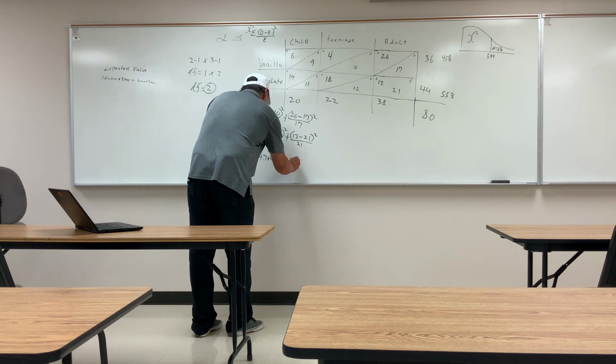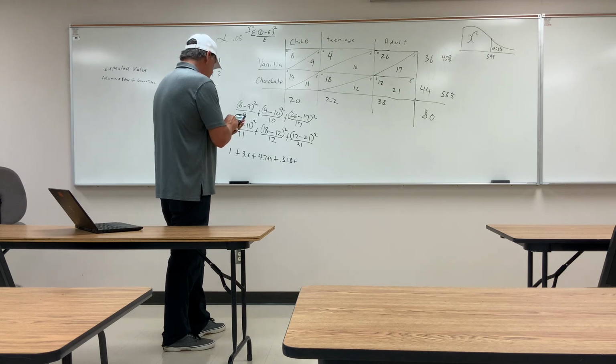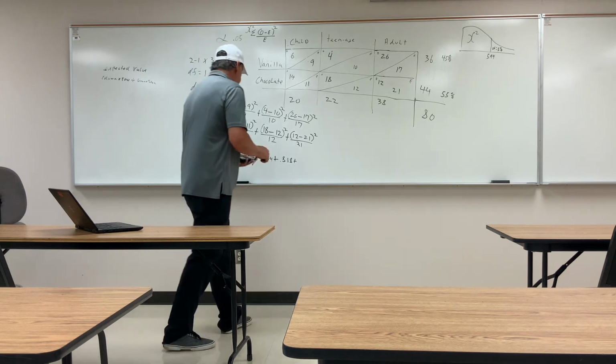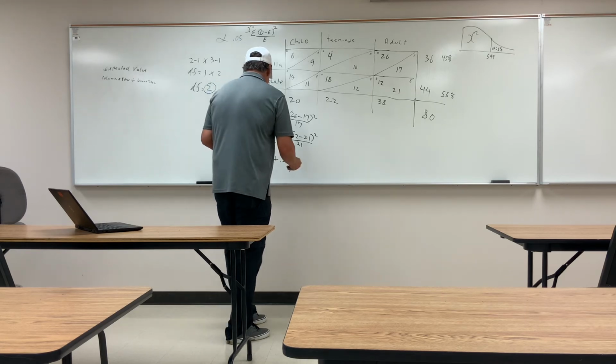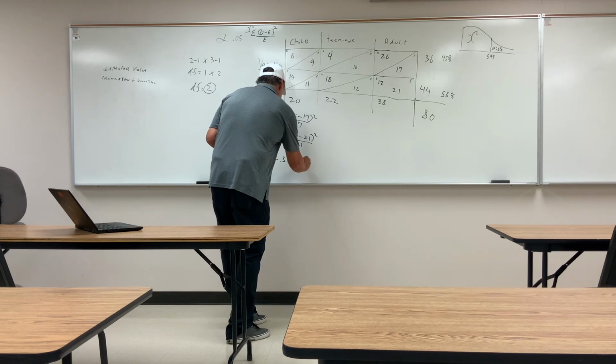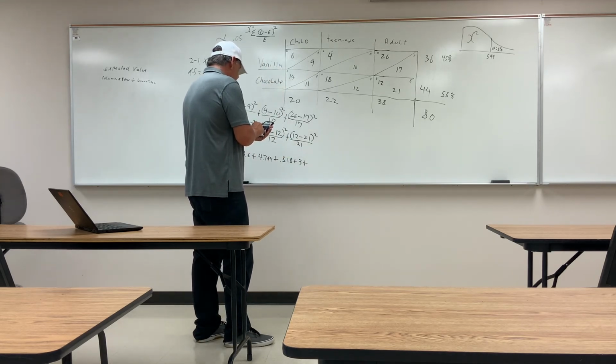Okay, moving on to the teenage chocolate lovers. 18 minus 12 is equal to 6. We said that 6 squared was equal to 36, and we're going to divide that by 12, and we'll get 3. Now we'll move on to our adult chocolate lovers. 12 minus 21 equal to negative 9.